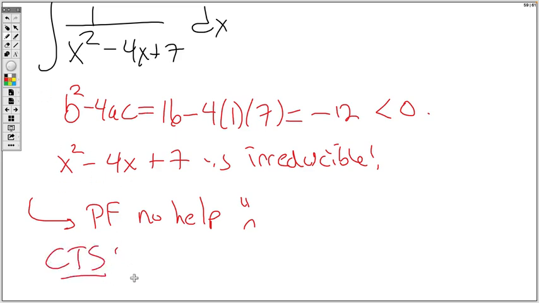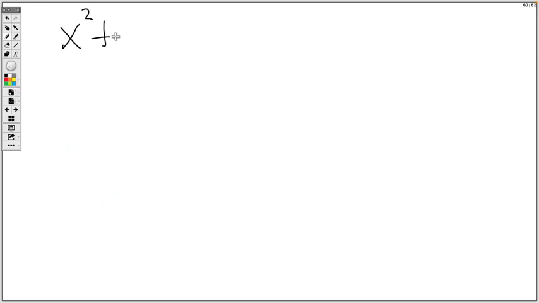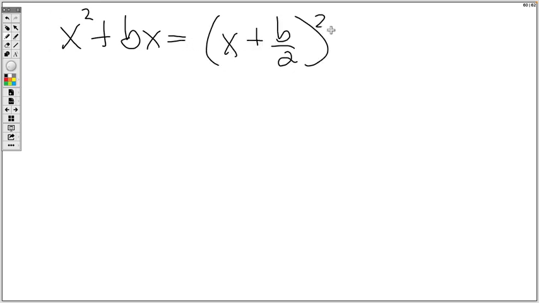All right, so here we go. Complete the square. The nice thing about completing the square is there's a recipe for it. So remember, completing the square, the recipe is, if your coefficient here is a 1, it's x plus b over 2 squared minus, well, yeah, it is b squared over 4, but it's easier to think of it as b over 2 squared.